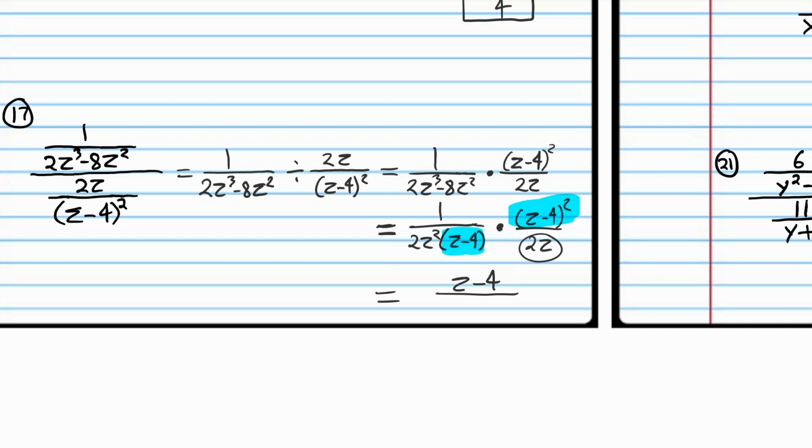So 2z times 2z squared is 4z cubed. So this is kind of strange because we have a binomial squared and a binomial to the first power. So because there's more z minus 4's in the top than in the bottom, the z minus 4's are going to end up in the top, and we just subtract the powers, 2 minus 1.